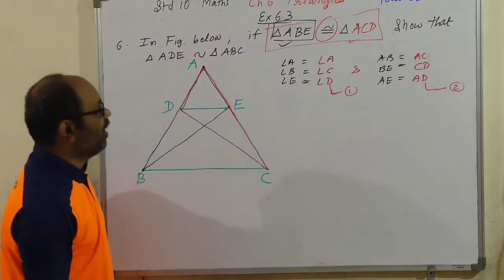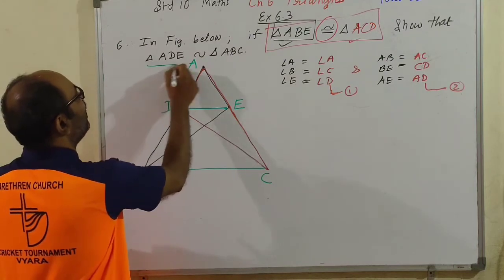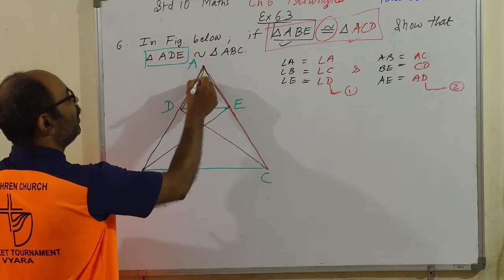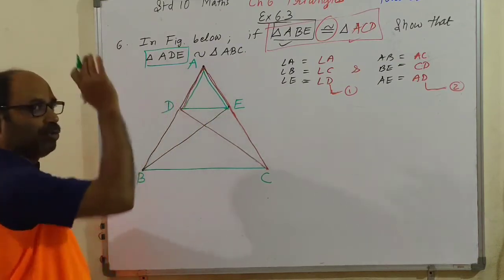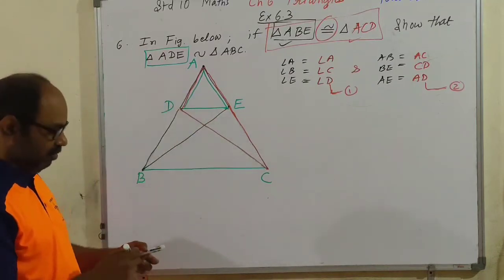Chaliye. What we have to prove? Triangle ADE. Where is ADE? Oh, it is this triangle. ADE, green one, neither black nor red. It is something different.